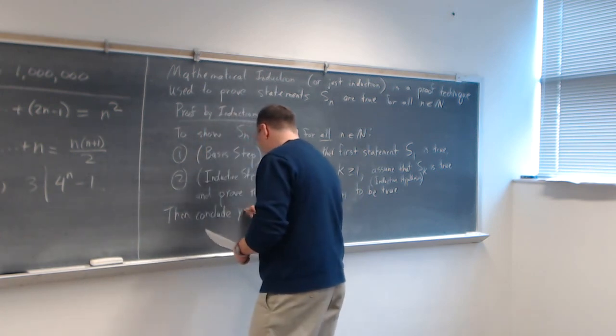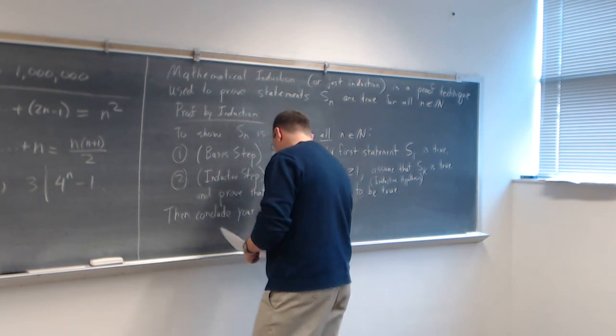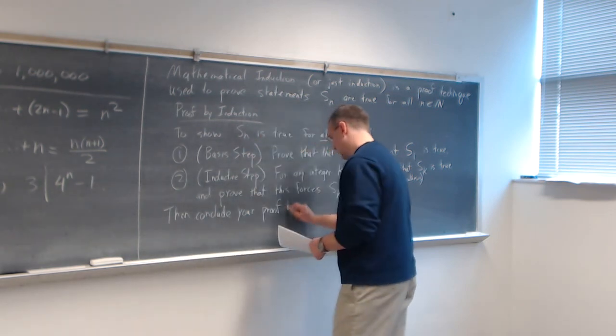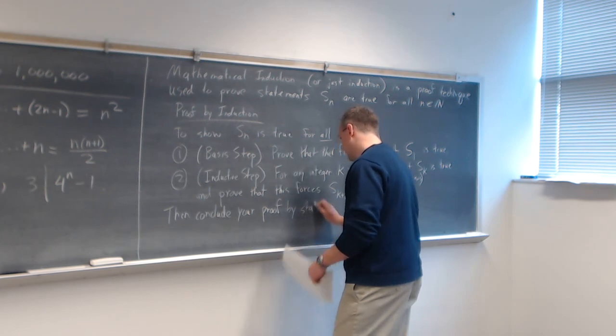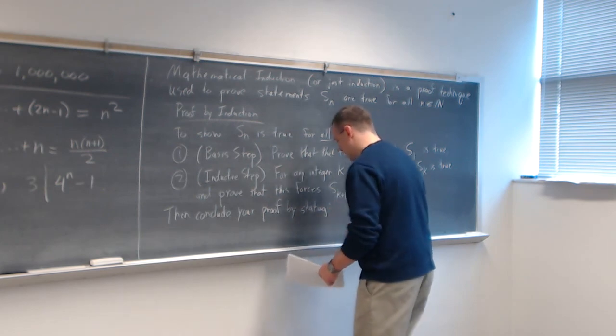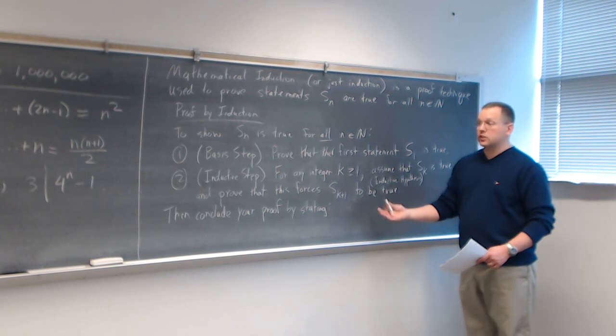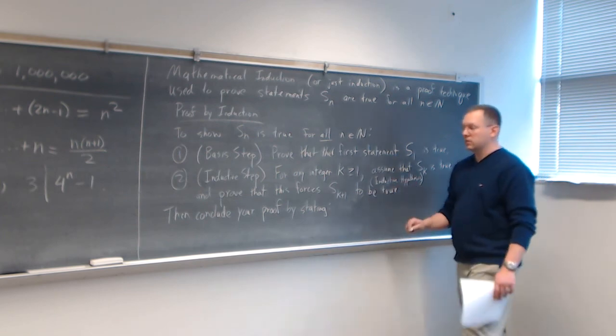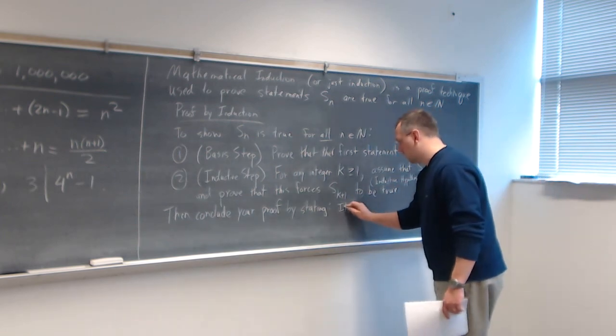So then conclude your proof by stating something equivalent to this. You'd say something like, it follows by induction that the statement is true for all natural numbers. Okay? So something equivalent to this.